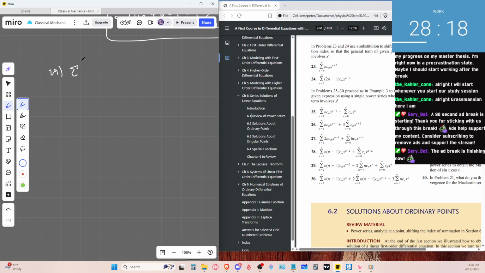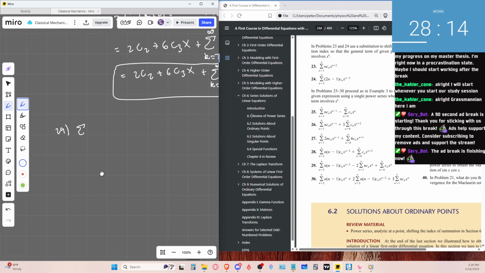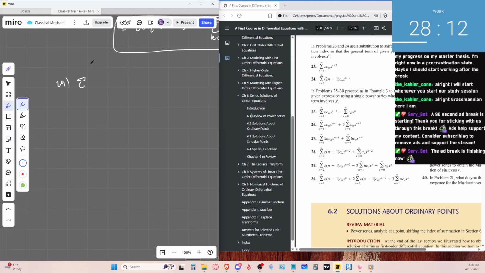It's just that it's not 6c3 x. It's 6c3, which is quite interesting. I mean, if that is the correct answer, but I feel like it might not be.